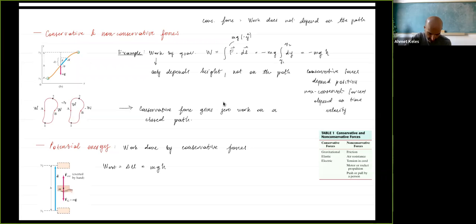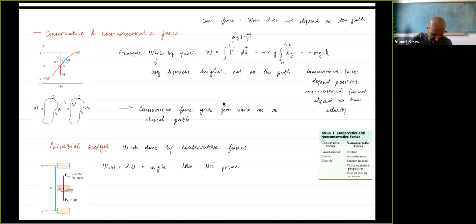You can compare this to the work-energy principle, but here the work is done by your hand, and the energy is the potential energy. The change in potential energy is equal to the work done by your hand.